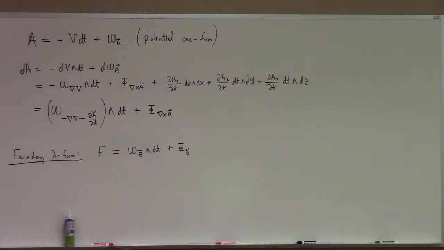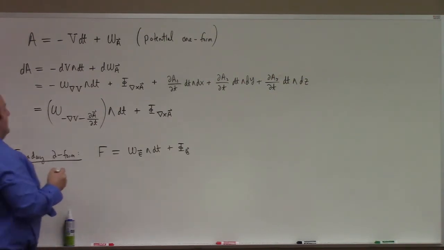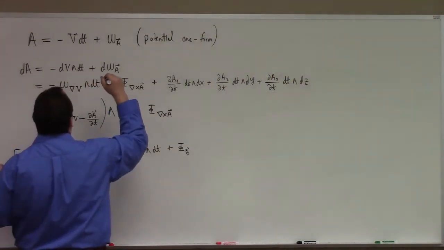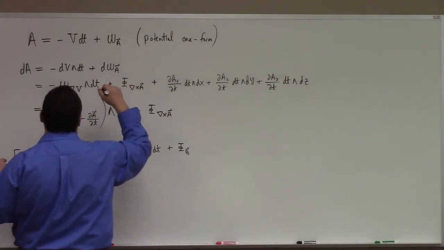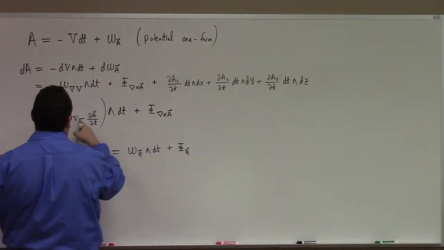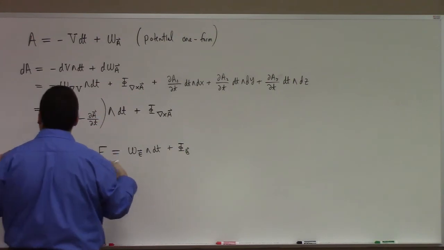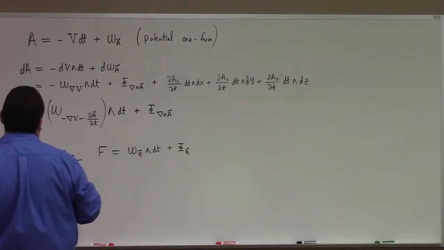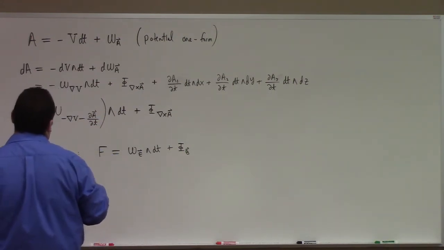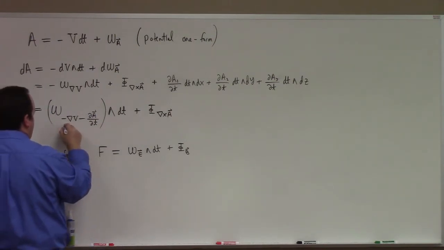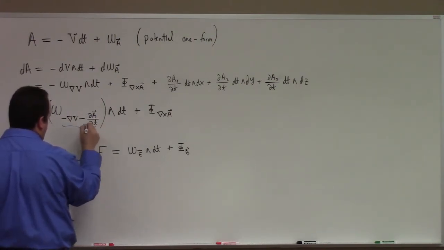Apparently I was supposed to do what? Not plus partial A, partial t, but it looks like I need a minus there. Right, if I put a minus there, then this is E, right?